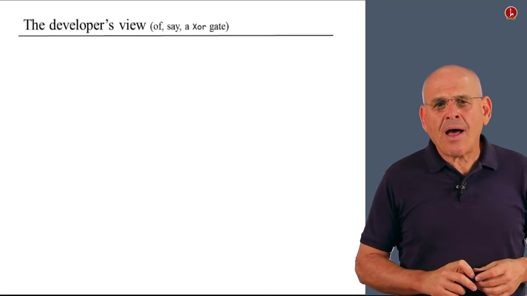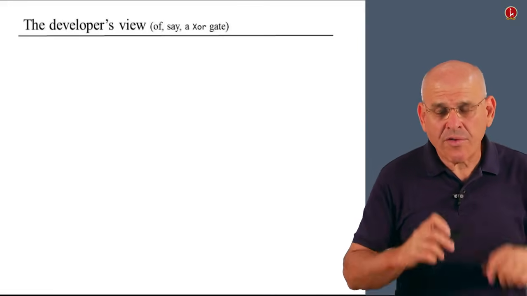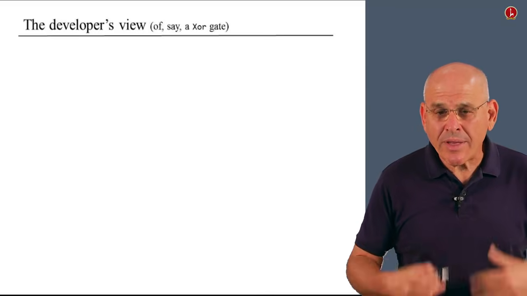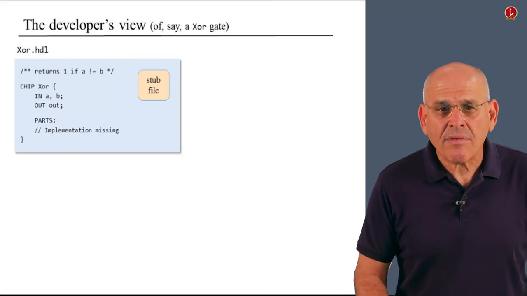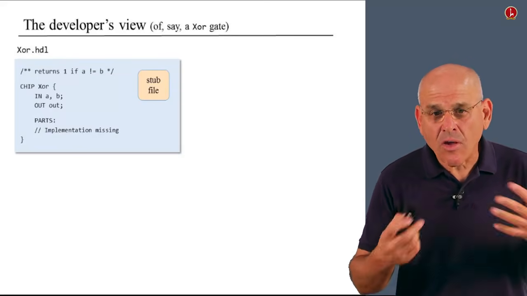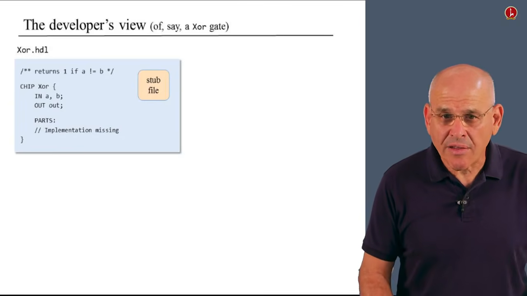All right, so the developer's view, your view of a particular chip: when we tell you to build a chip, here's what you get. You're going to get a stub file that contains the documentation of the chip that you have to build along with its interface.